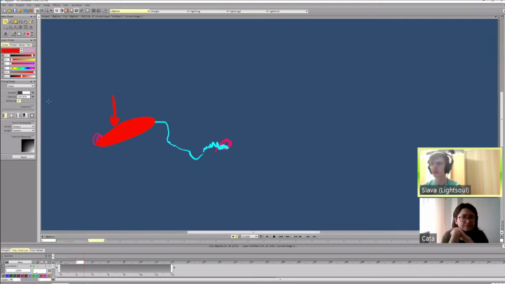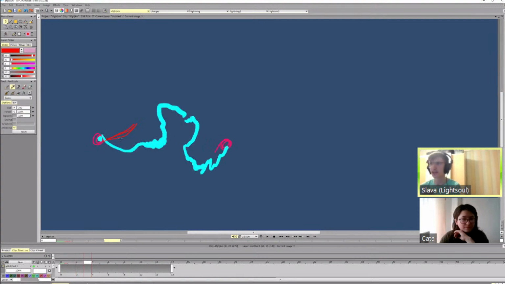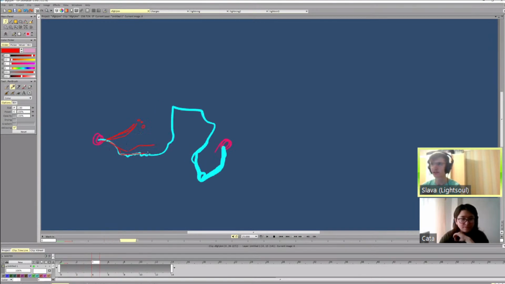So if we take this, for example, we have one, two, very small change, still quite a small change, but a bit bigger. So we have acceleration, then it moves faster here, and it creates this kind of curve.